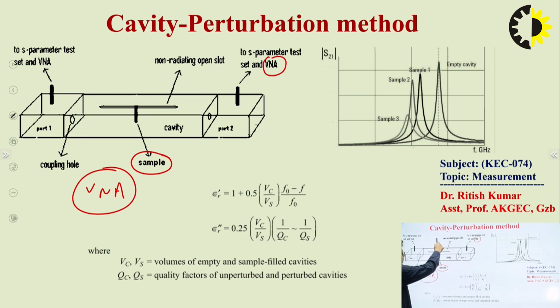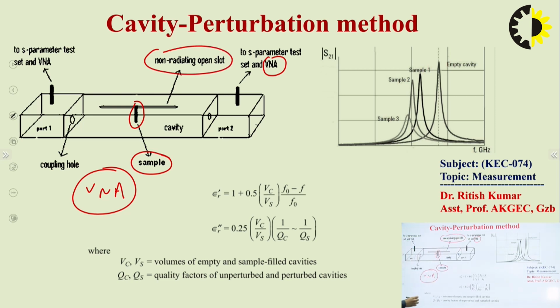Here a simple material is taken in a very narrow tube, and I insert this tube through this slot. This slot is known as a non-radiating open slot, right?